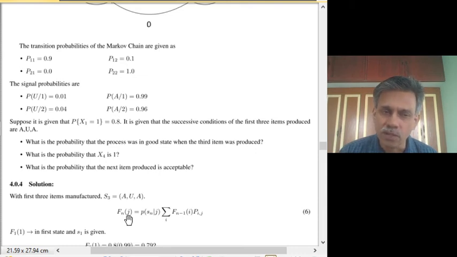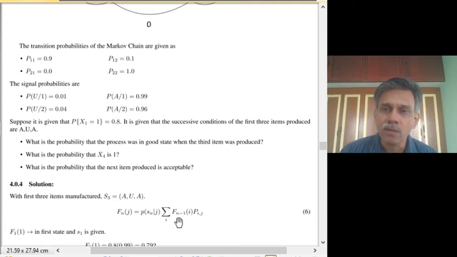You can be in state 1 at time 1 and remain in state 1 at time 2, or you can be in state 2 at time 1 and make a transition from 2 to 1. That is the other way. So these are the two ways it can happen.